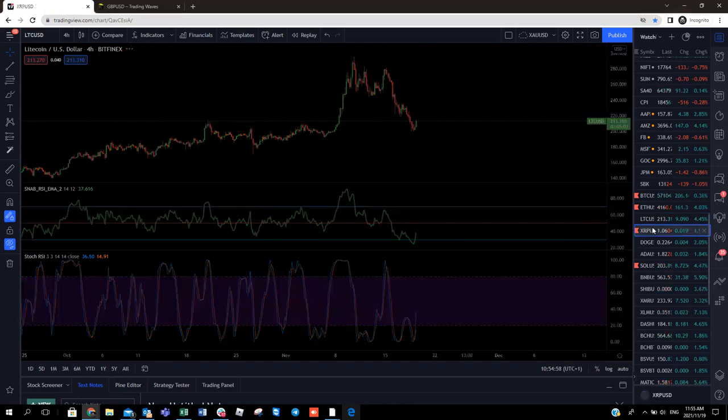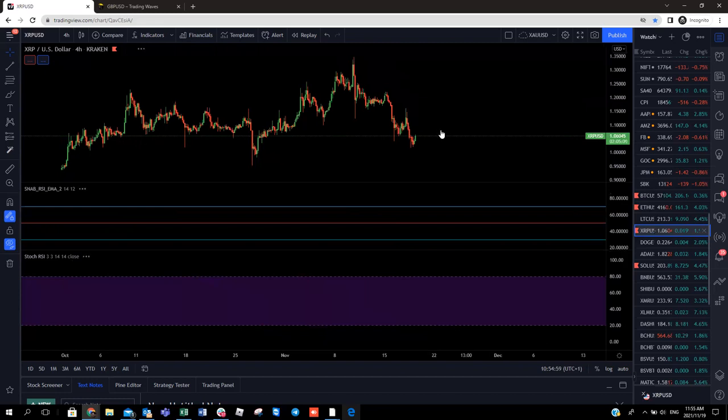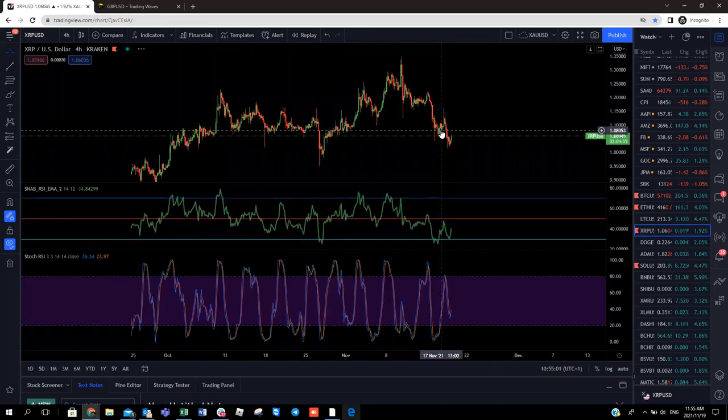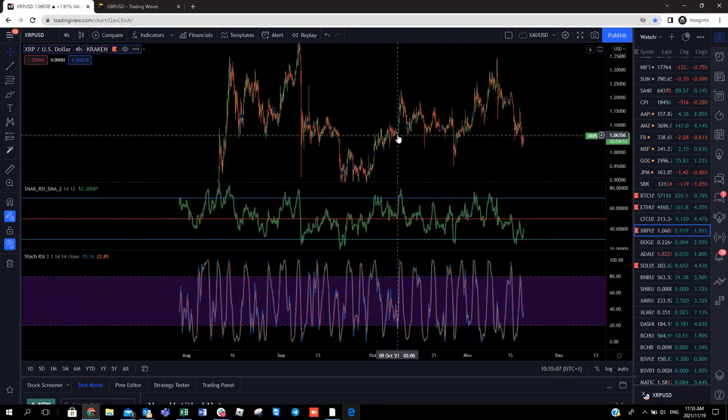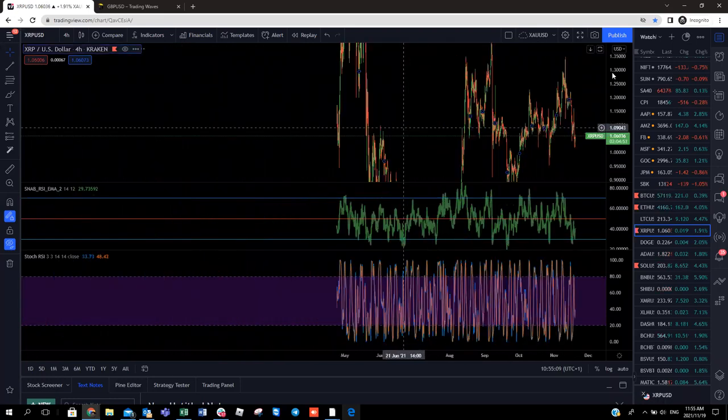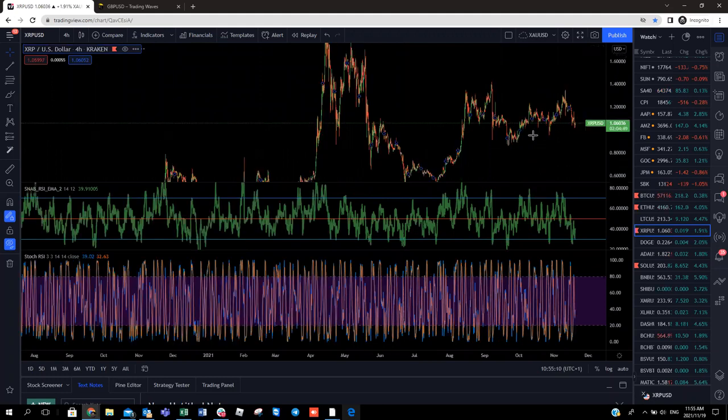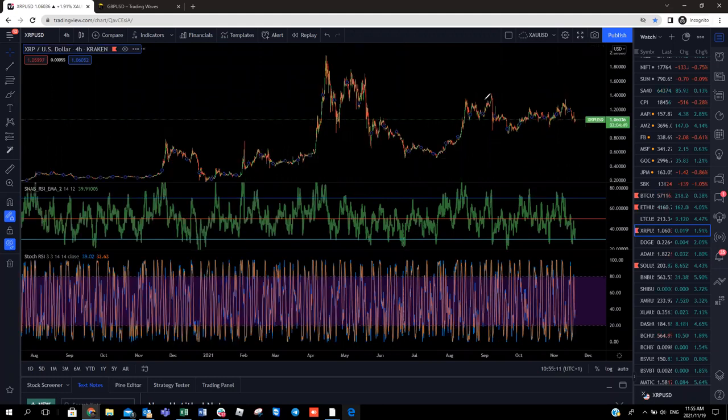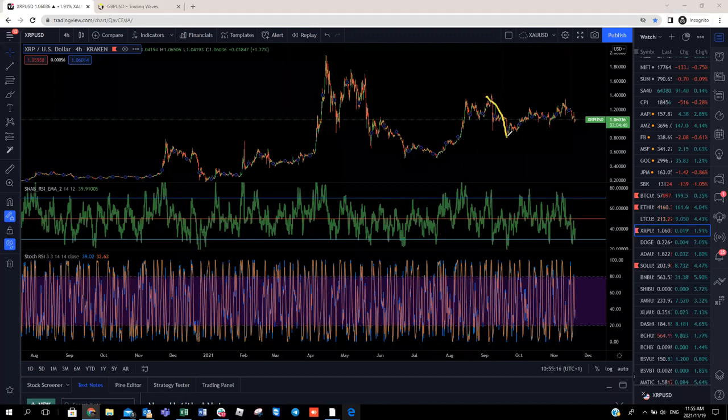XRP. Now with XRP, look at this structure. We've got 3 down, we've got 3 up. Looks like a textbook setup here.